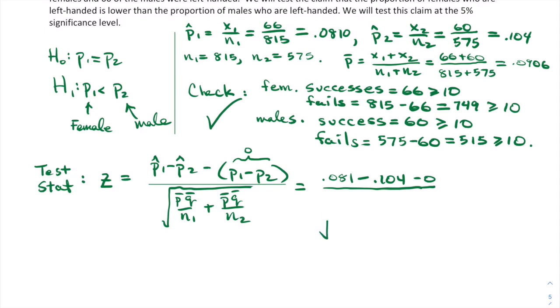And here comes the messy part. P bar is 0.0906. And Q bar is 1 minus P bar. That comes out to 0.9094.